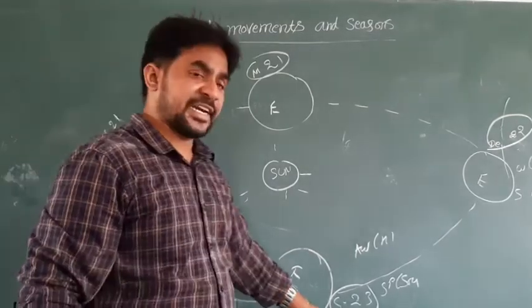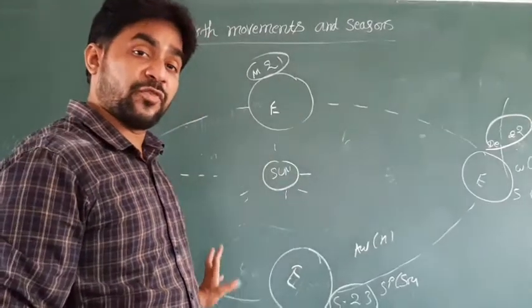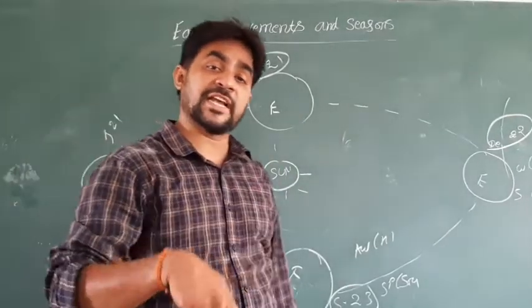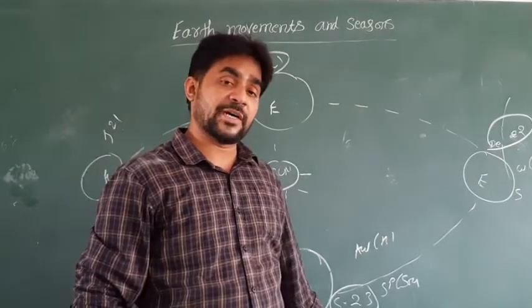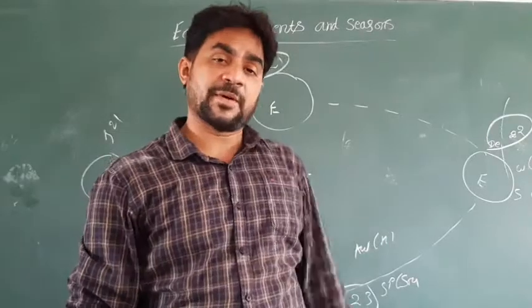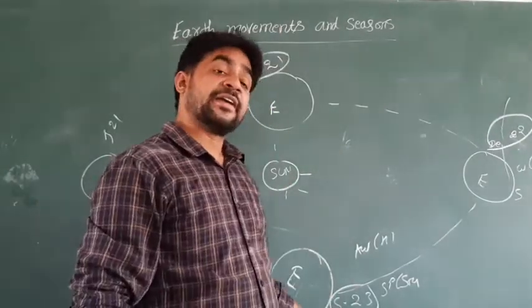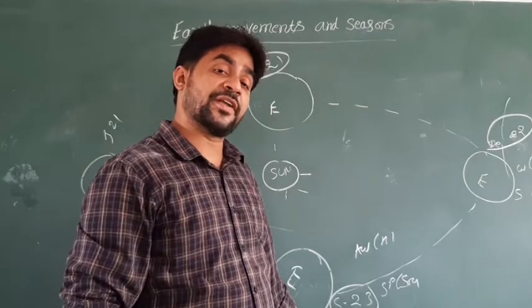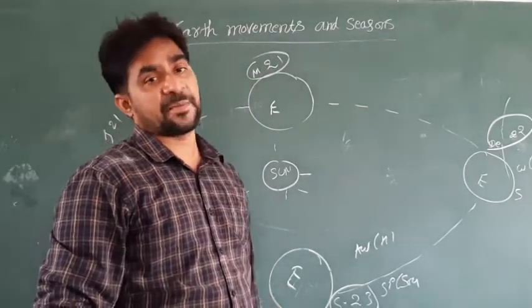So the journey started from September 23rd, and for completion of one journey, coming again to the same place, it takes 1 year. That is September 23rd again. For example, if the journey started on September 23rd, 2020, next year on September 23rd, 2021, the Earth comes into the same place again.